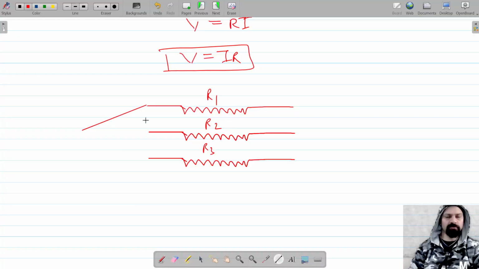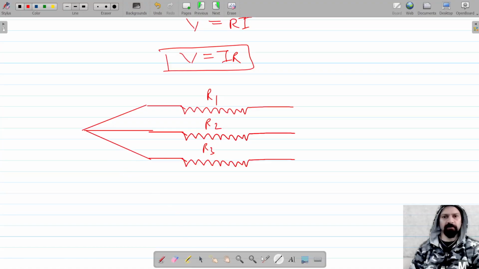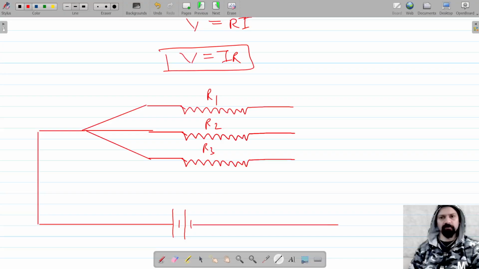And I'm going to take one end of all the resistors से इन सभी का एक end हम कनेक्ट करेंगे बैटरी के एक एंड के साथ, और इन सभी का दूसरा एंड कनेक्ट करेंगे बैटरी के दूसरे एंड के साथ.